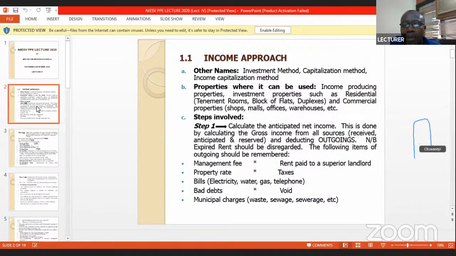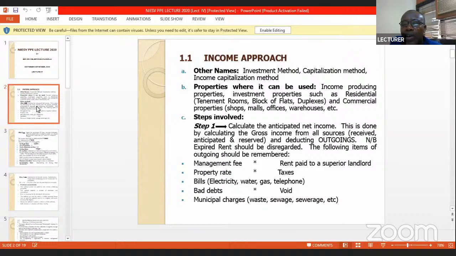So the first step in the valuation for income approach is to calculate all the income that is coming from the property. All the income. This will give us the gross income. From the gross income, we now deduct outgoings.